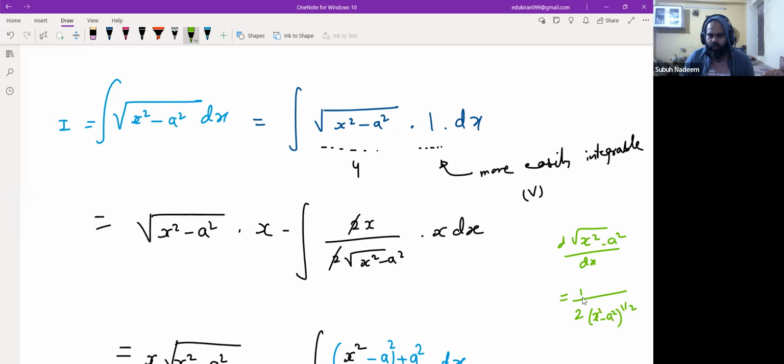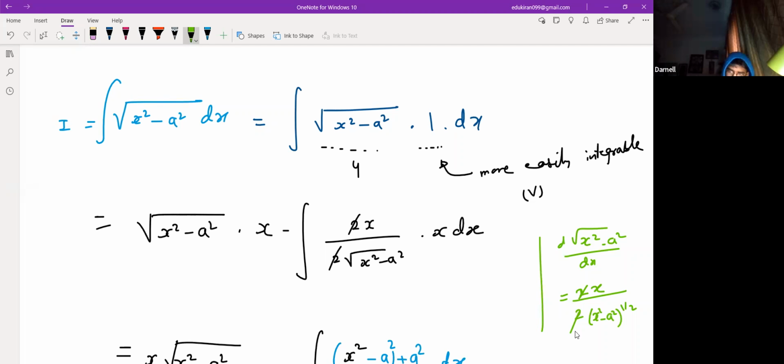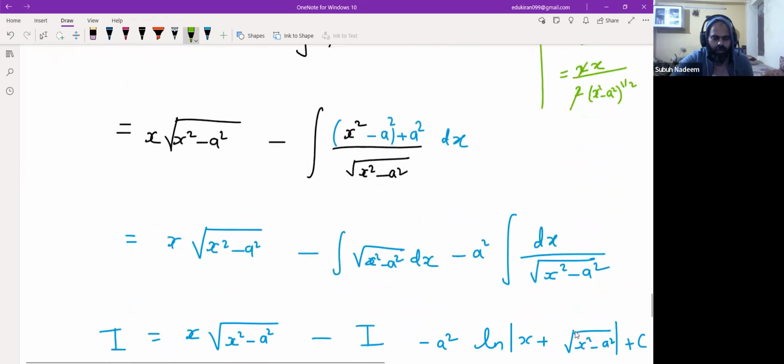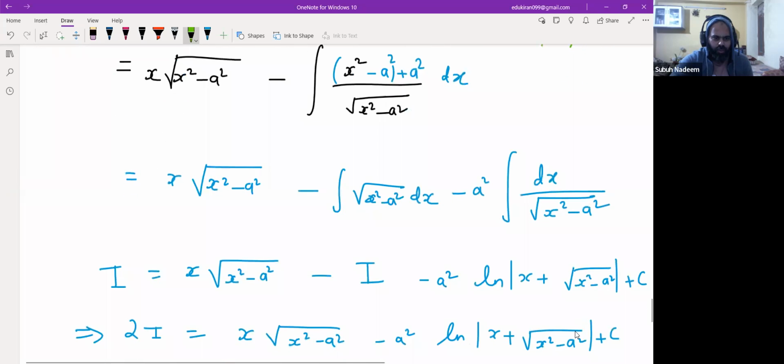And then x square when differentiated will be 2x. A square will be 0. So this is what we will get. Okay. Oh, yes, sir. These steps below, do you want to note it down or you have noted it? Also done.